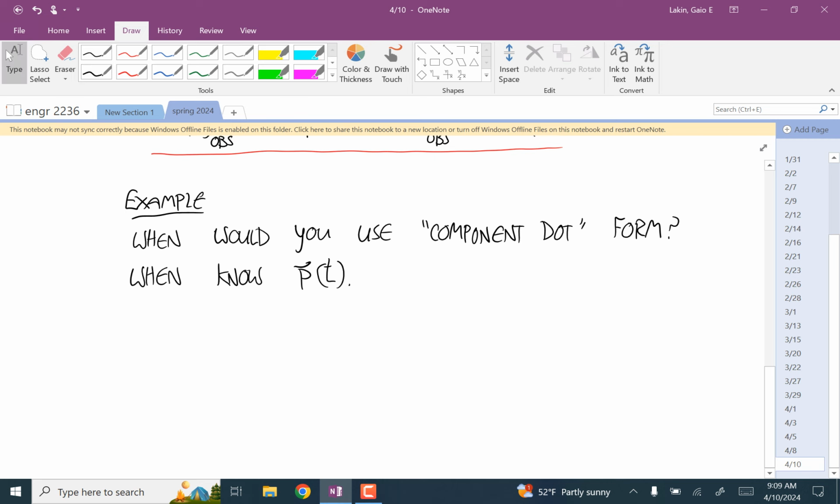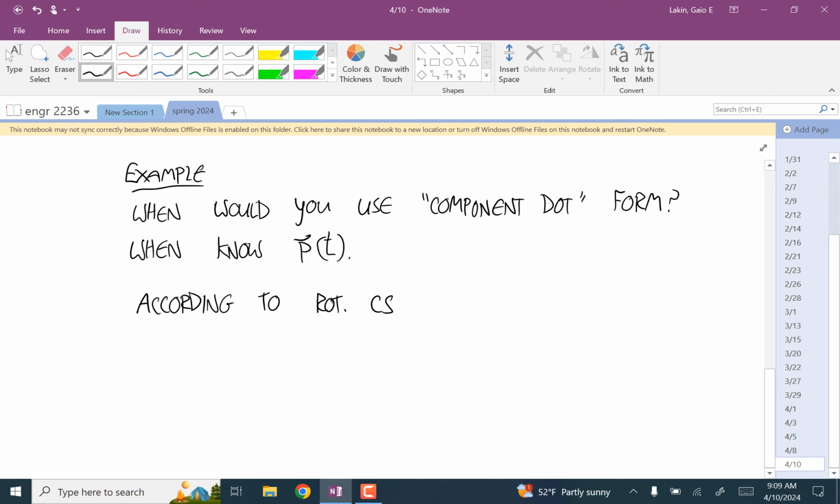Okay, so let's say that according to this rotating coordinate system, the position vector is equal to t squared, cosine t, 5t.